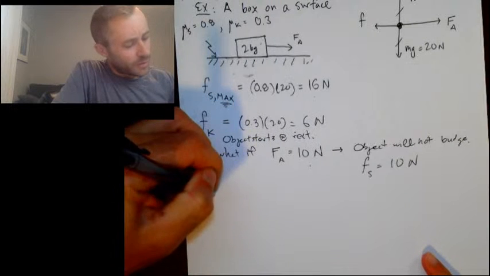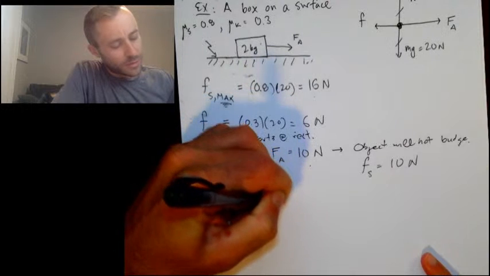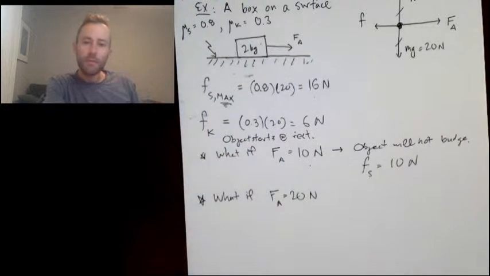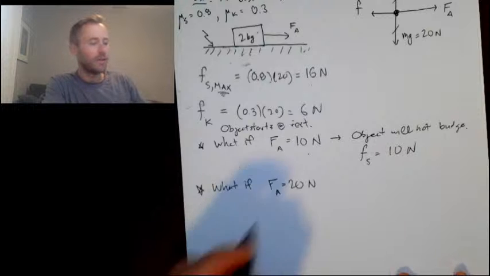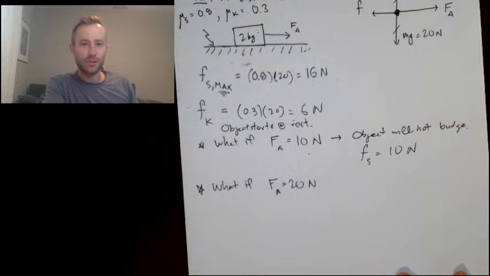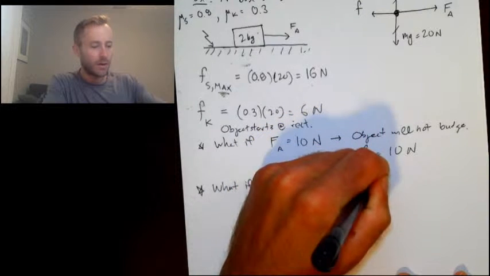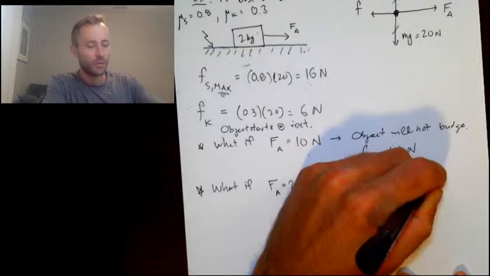Now what if the applied force is 20 newtons? If you apply 20 newtons of force, then that is more than the maximum static friction. So the object will budge. The object will start to move.